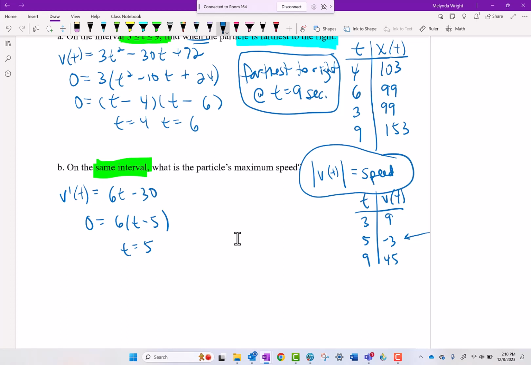These numbers are not in absolute value form. So it's 45. So let's, again, see how we want to word it. So we would say maximum speed is 45. Let's see, our units, weren't they centimeters? Okay, thank you. So they were centimeters per second. Oh, goodness gracious. All right.